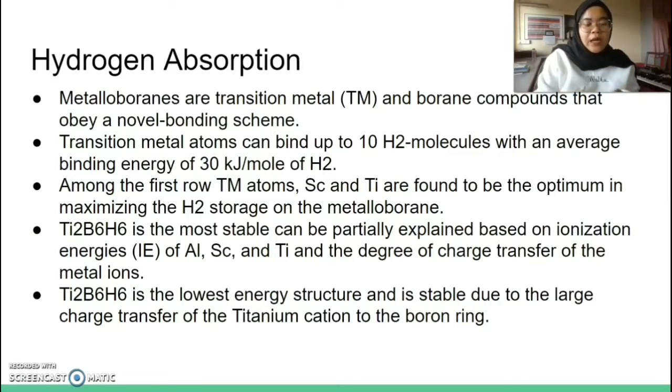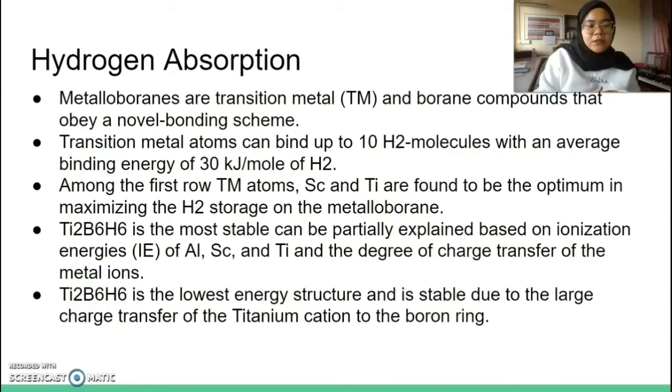As shown, aluminium has the lowest charge transfer in both planar and closed structures, as well as having the lowest boron to boron bond length. Compared to the three transition metals, titanium is the most stable, and it can be partially explained based on the ionization energies of aluminium, scandium and titanium, and the degree of charge transfer of the metal ions.